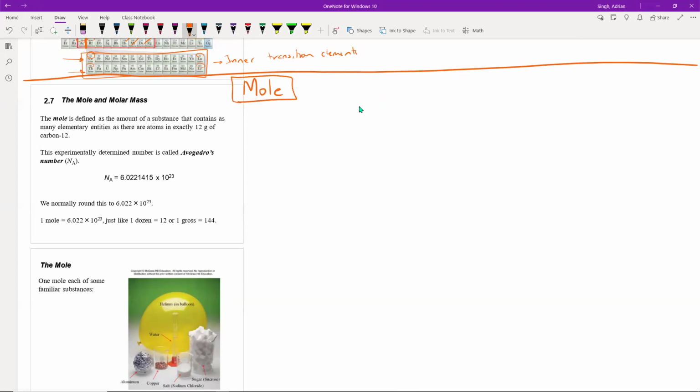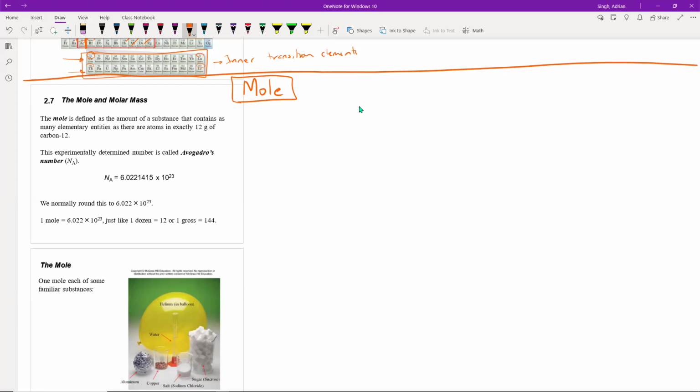We'll come back to the definition in a second, but just to give you some background of why this is important, we just spent a whole lot of time talking about the fact that the matter around us is made up of these really tiny particles called atoms. So small we can't really see them with our naked eyes, but we still see the stuff that atoms make up, right?